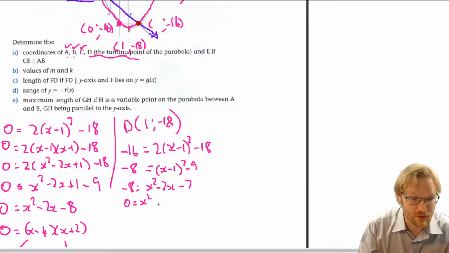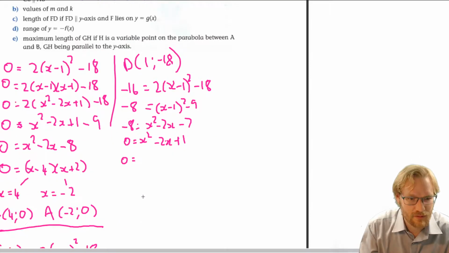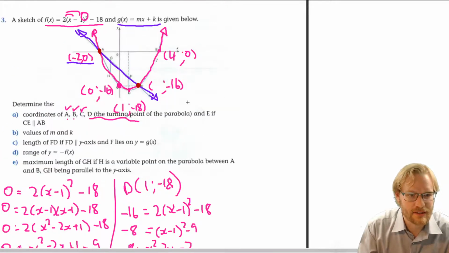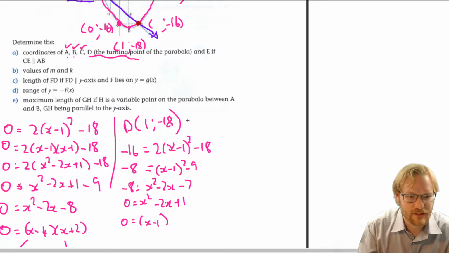I'm going to show you the other option because it's really fairly easy to do. But let's run through this. −2x − 7 plus 8 is plus 1. 0 equals x − 1. What am I missing here? We should have had an x and an x. My working says here that x equals 1.